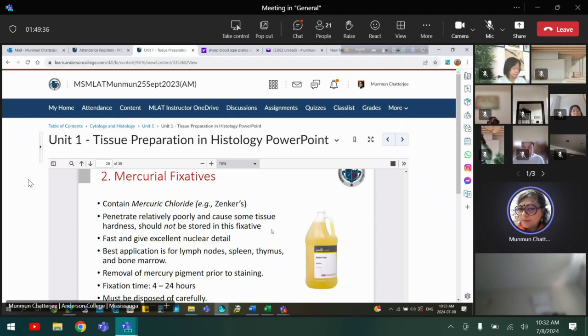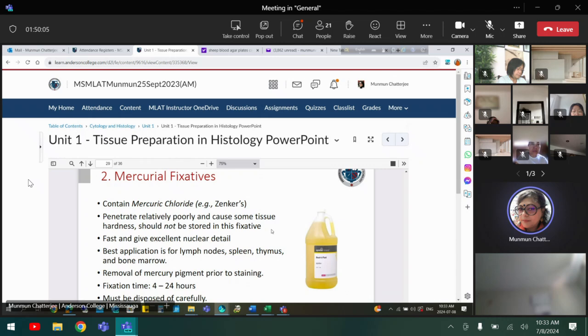Now, mercurial fixative contains mercury. We have Zenker's fluid; we have learned this one before. Mercuric chloride penetrates relatively poorly and causes some tissue hardness, because mercury itself is a little bit thick, and tissue should not be stored in this fixative long. It gives excellent nuclear details.